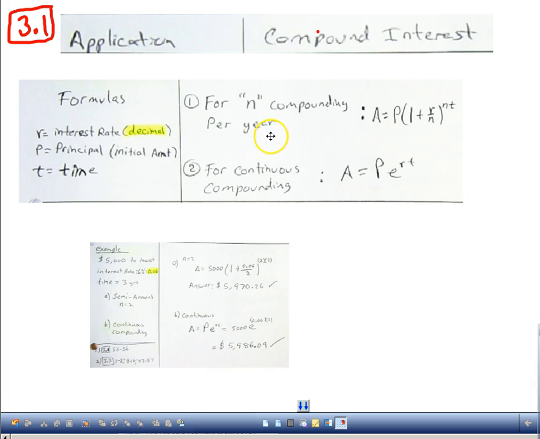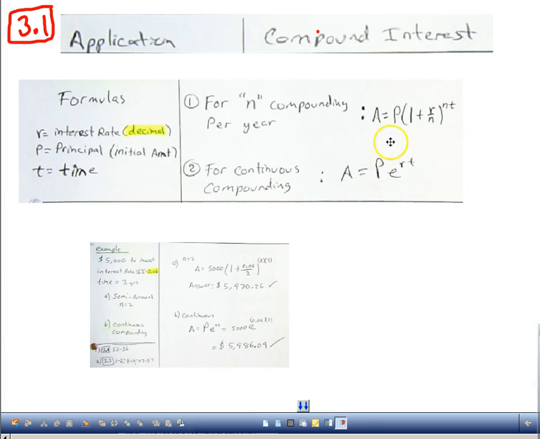That is when the bank gives you interest on top of interest n number of times during the year, and we say n number of compoundings per year, and there's the formula. And the second formula is when the bank gives you interest on top of interest continuously.